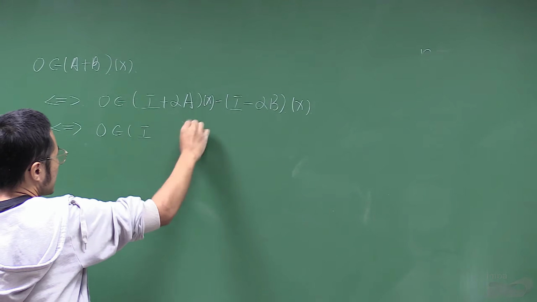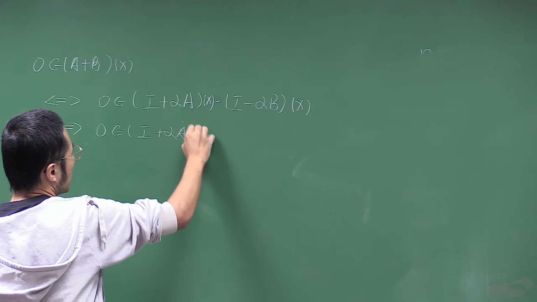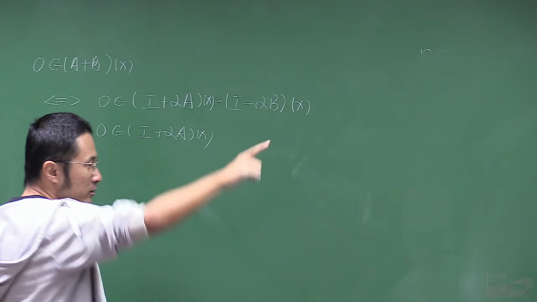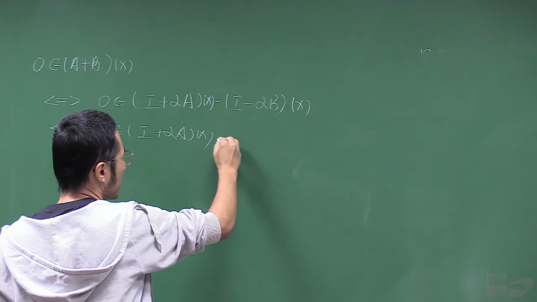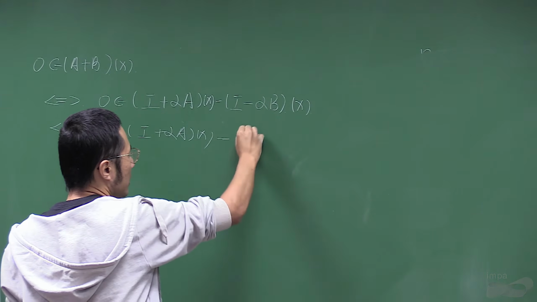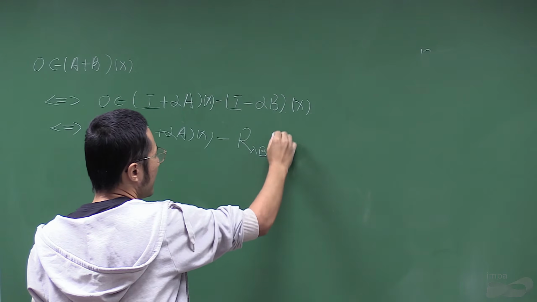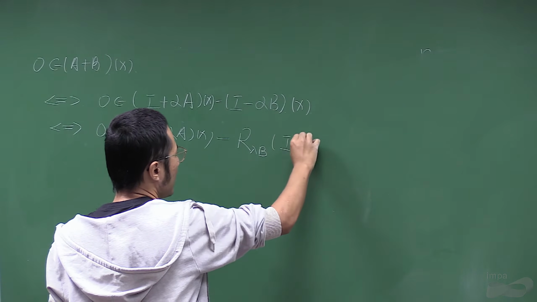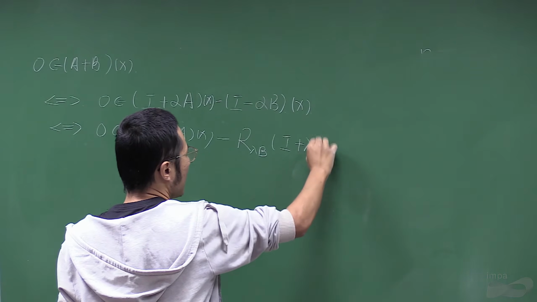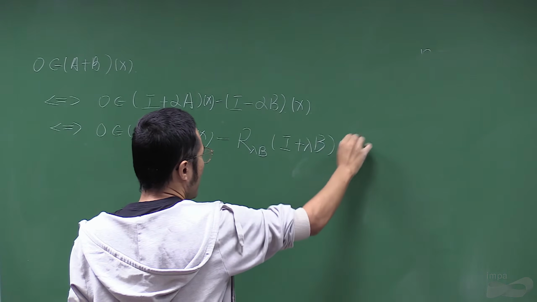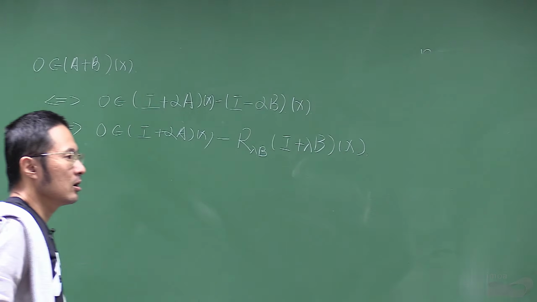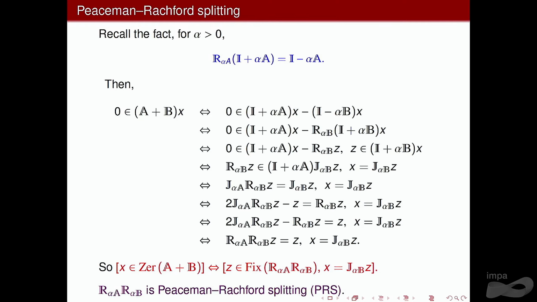We keep this part the same, but we use the fact for this part. This will equal the resolvent of B, I plus lambda B inverse, at x.